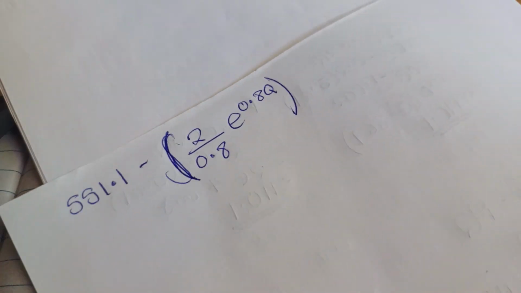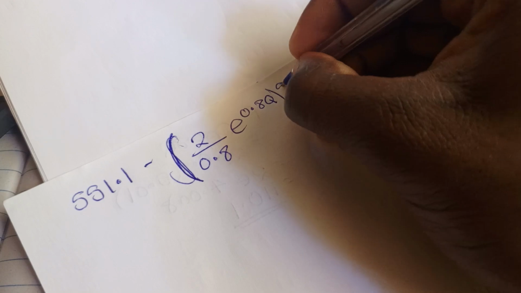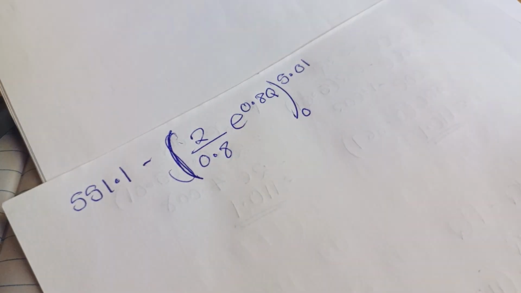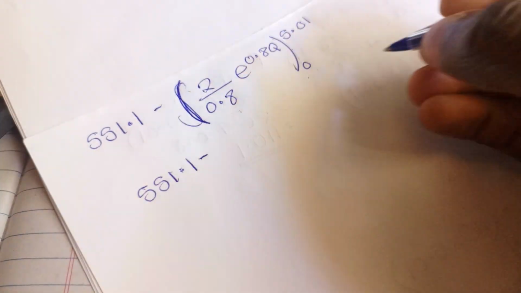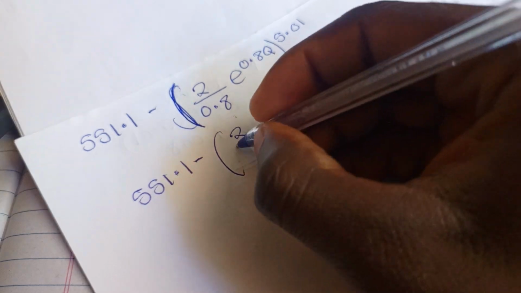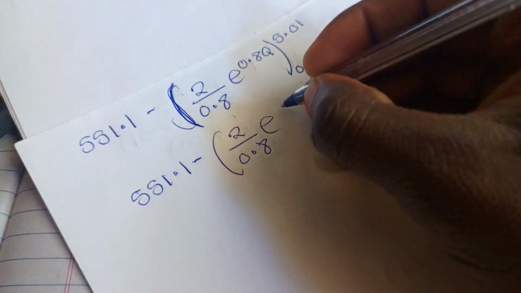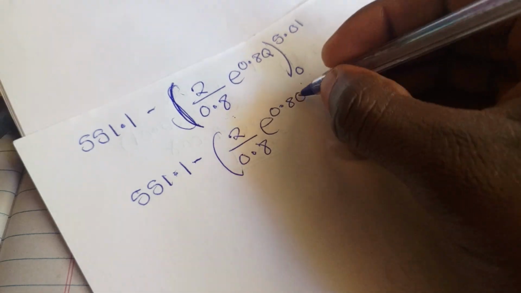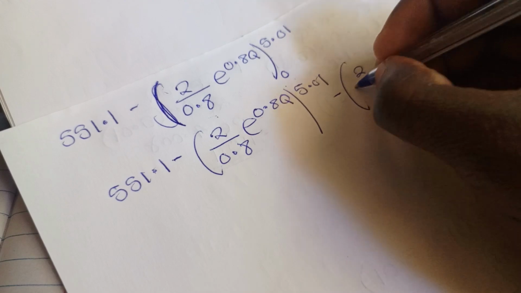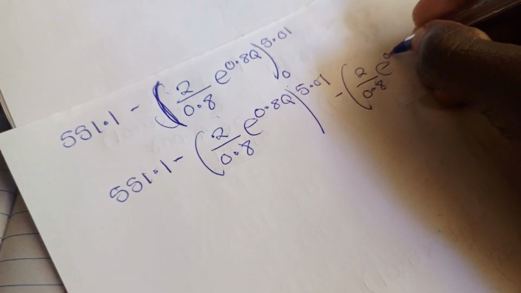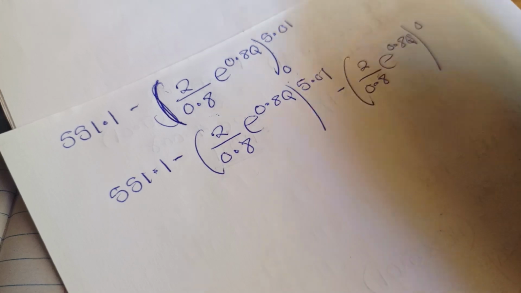So this is the producer surplus that we have integrated, where remember we're coming from 0 going to 5.01. Then from here we'll separate these two brackets. So we have 551.1 minus 2 over 0.8 e^(0.8q). So this will bear the 5.01, and this will bear the 0 there.